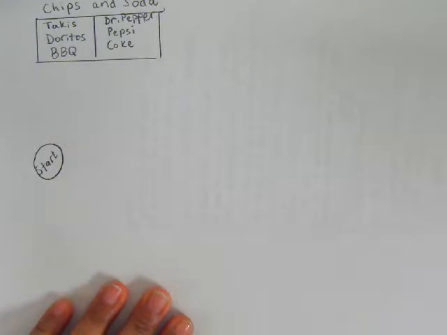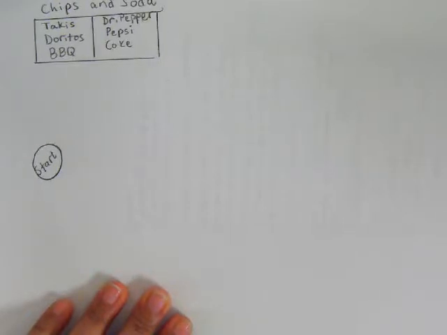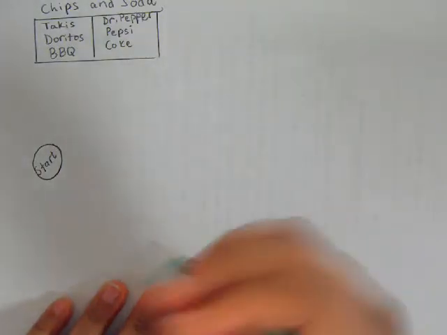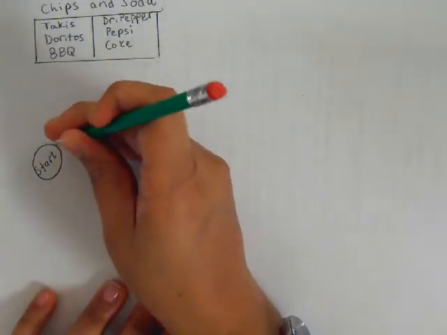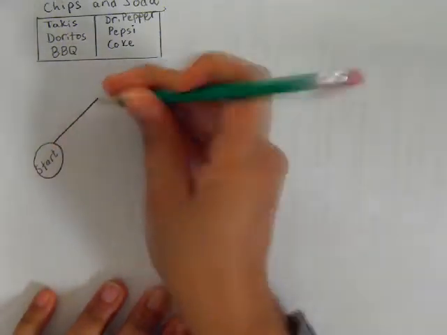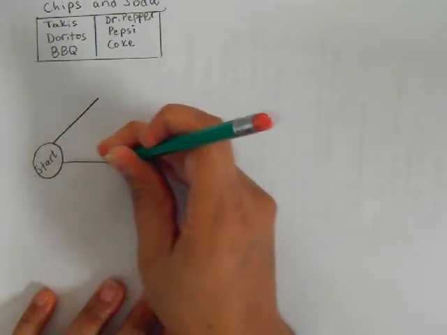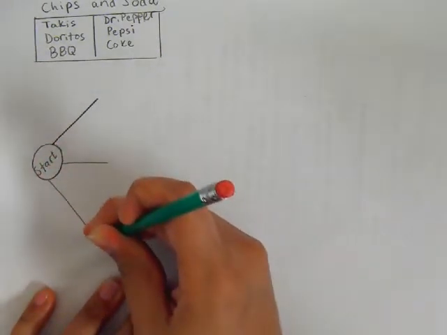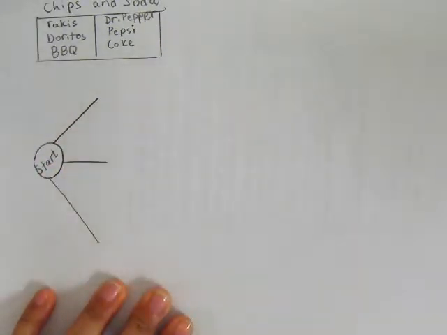And it looks like we've got Takis, Doritos, and barbecue chips. Therefore, we have 3 different choices for our chips. So now, from the start, we are going to branch out 3 different ways. Okay, and so we're going to go 1, 2, 3. I like to space them out because you never know when you need the space.